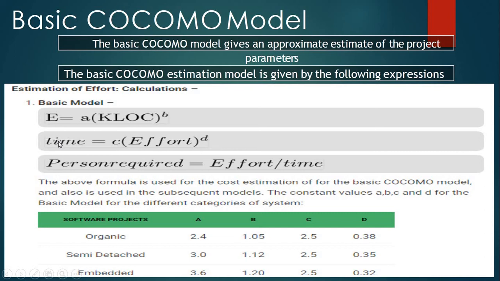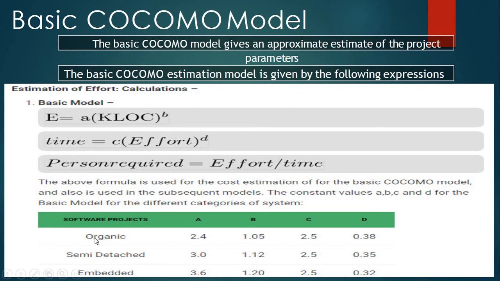For the estimation of time, we use C into effort raised to D, where we got effort from here, and C and D are constants from the table. After that, the persons required for our project will be the effort divided by the time.